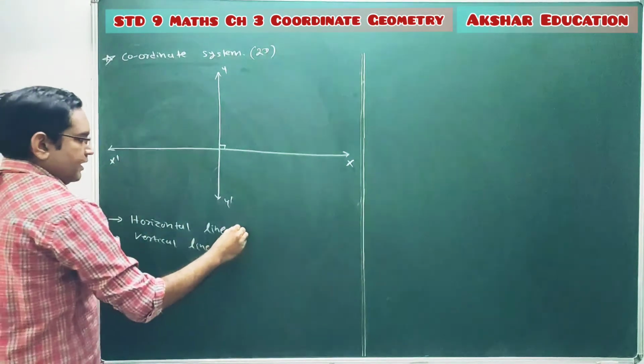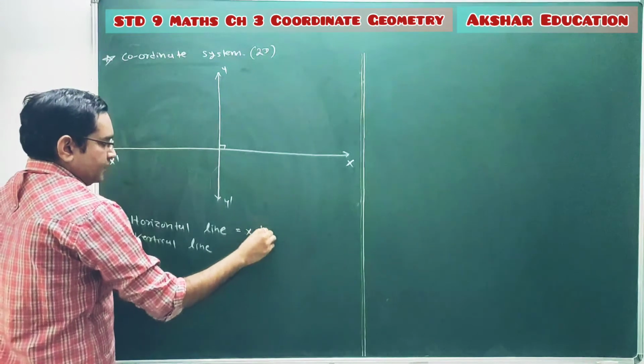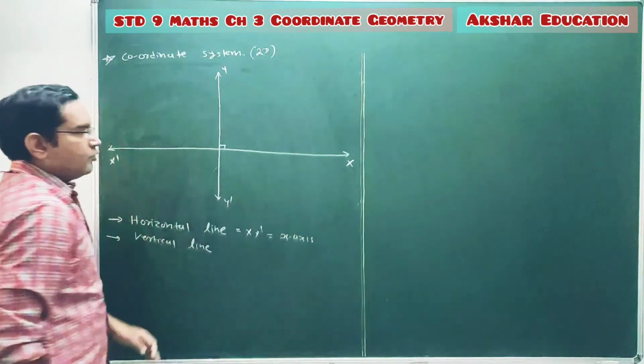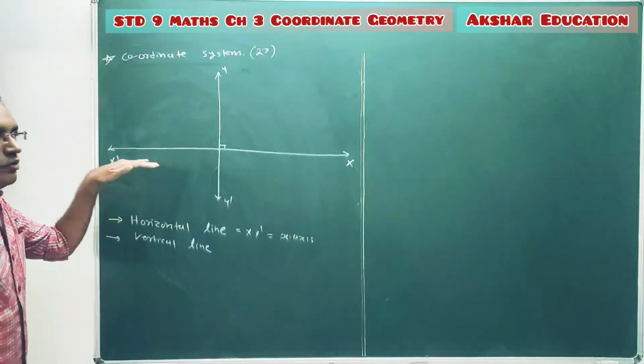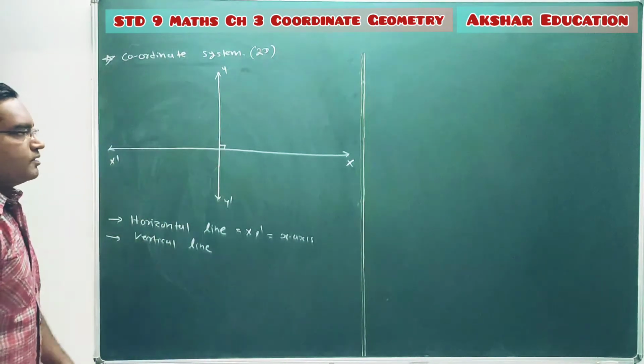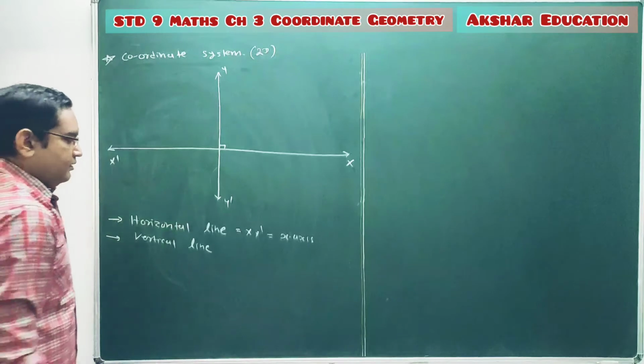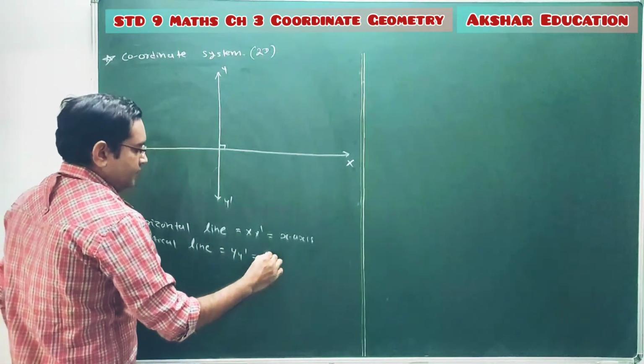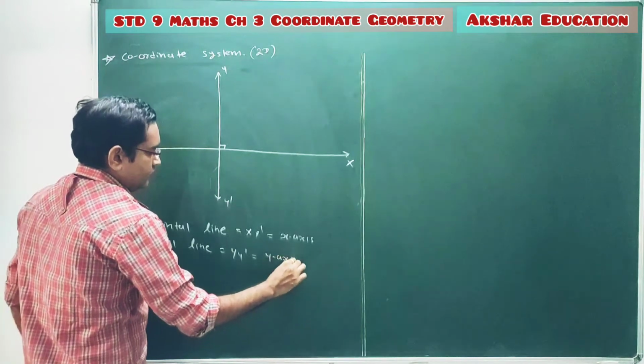This horizontal line, which is X dash, is known as the x axis. What is the name of this horizontal line? The name of the horizontal line is x axis, and the name of this vertical line, this is Y dash, is nothing but the y axis.